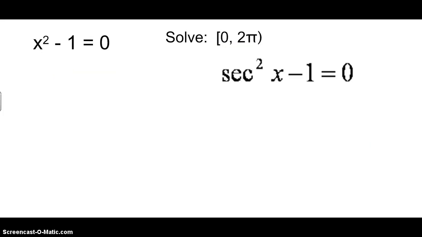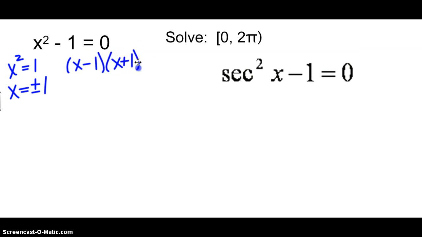Alright, this one we could do in a very similar way. We could add 1 to both sides, take a square root, x would equal plus or minus 1, and we'd be done. Or we could factor this, x minus 1, x plus 1 equal to 0. 2 things multiplying to 0 means that either this first one has to be 0, or this second one has to be 0.